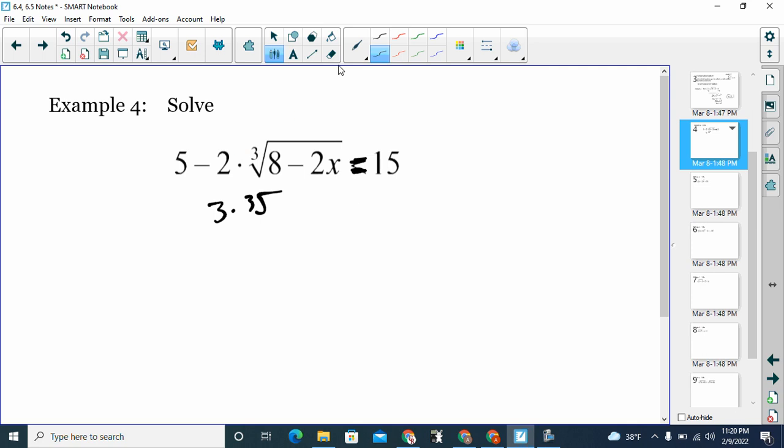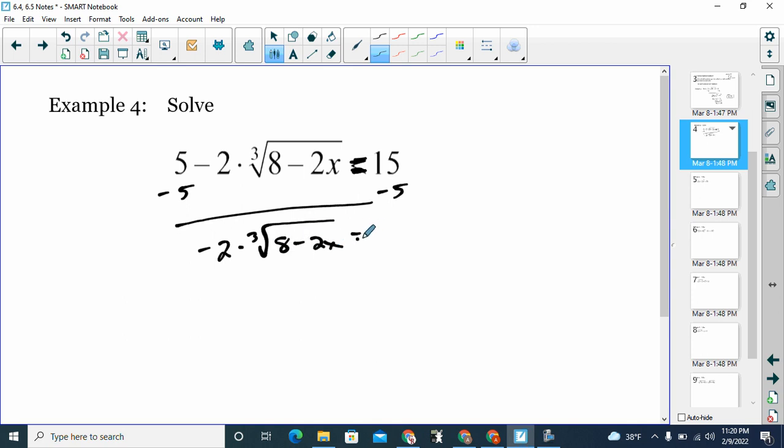These are not like terms. I cannot combine that 5 minus 2. Instead, we want to start by subtracting 5 from both sides. Get -2 times the cube root of 8 minus 2x equals 10. Now we can divide both sides by -2.